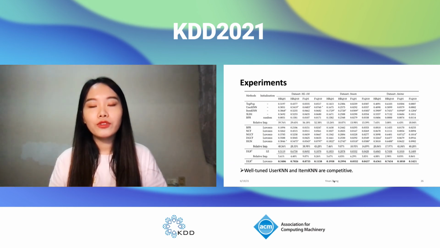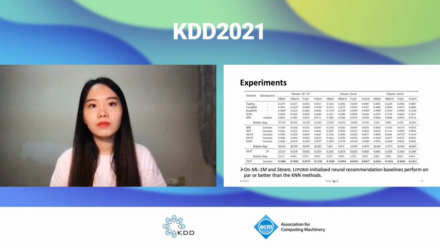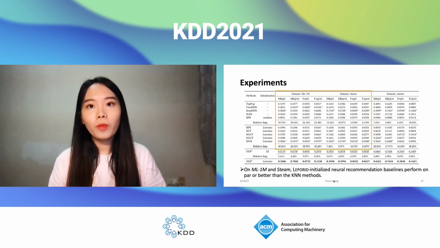Similar to earlier results from the literature, we find well-tuned user KNN and item KNN competitive. Among traditional recommendation methods, the 2 KNN methods claim the top spots on all metrics of all datasets. However, on MovieLens and Steam, Laprid-initialized neural recommendation baselines perform on par with or better than the KNN methods.